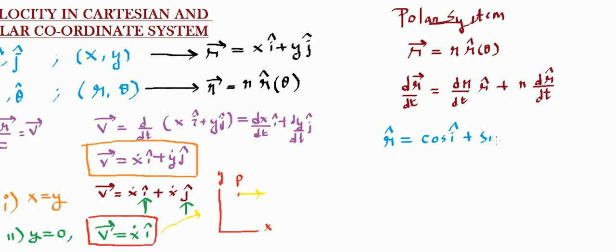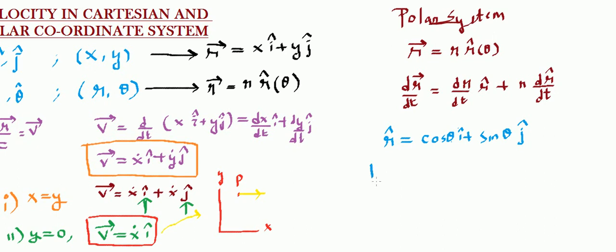Look at the last lecture, you will understand that this is r cap, cos theta i and sin theta j. Now the question is, what is the meaning of d r cap divided by dt?